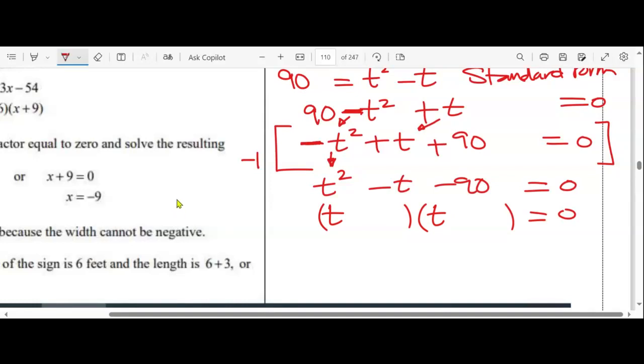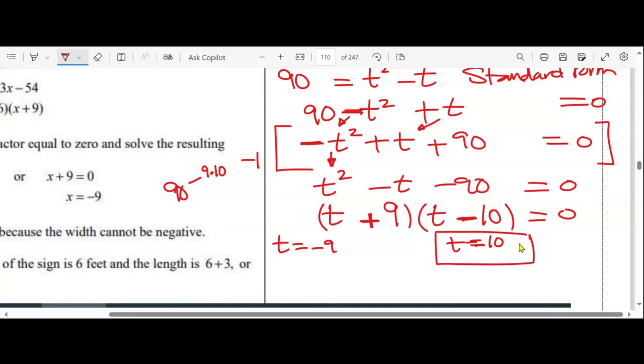What are the two numbers times each other that give you 90? 9 times 10, correct? So put 9 here and 10 here, right? Which one is negative? 9. Very good. So t equals negative 9, t equals 10. Correct? Which one is the correct one? 10. Why 10? Because you can't have negative numbers. Right. So 10 teams.